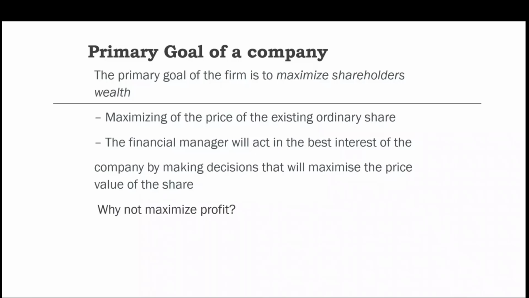It doesn't mean that last year you made a profit of 2 million and this year you've made a profit of 4 million. I don't know if you understand what I'm saying. I understand perfectly well, but I thought that the more profit you make, the more your share price increases.